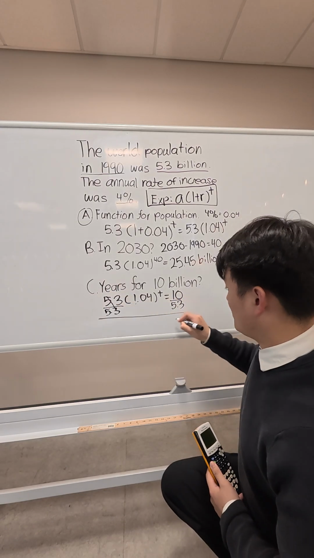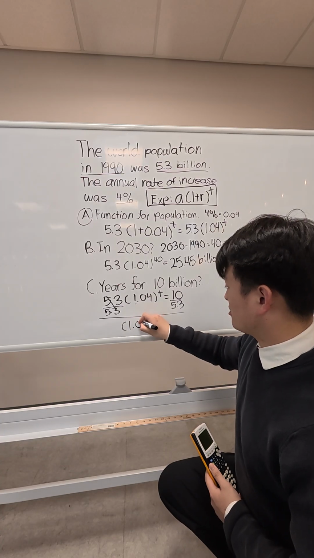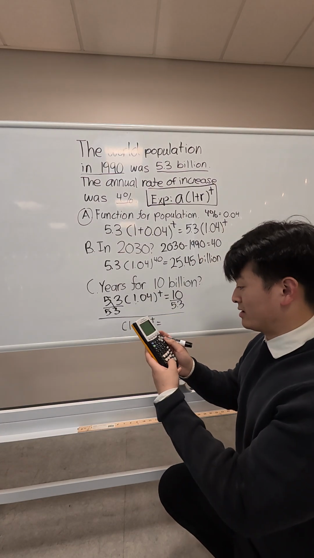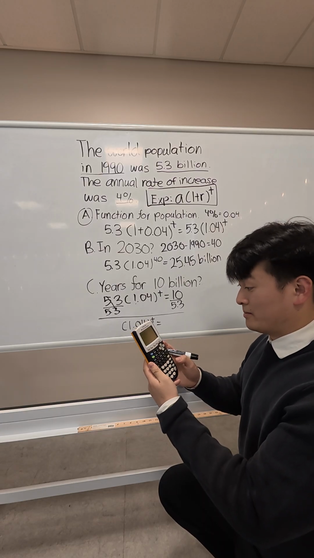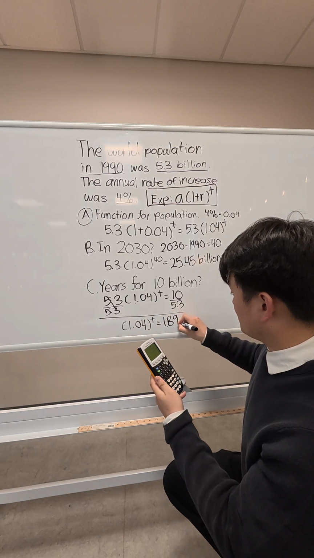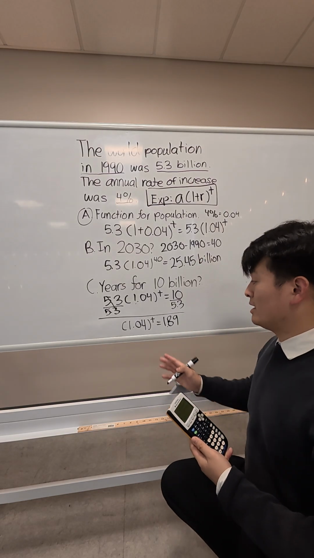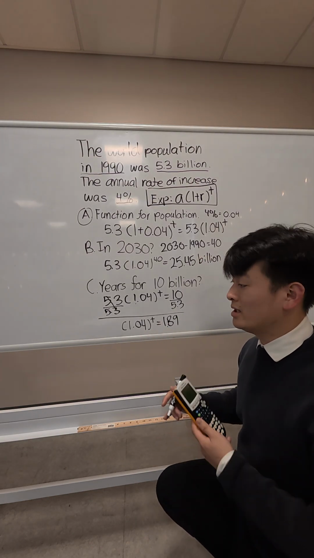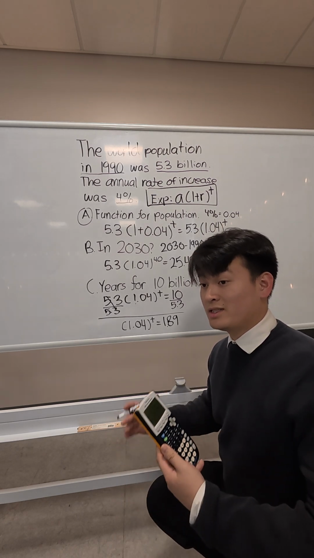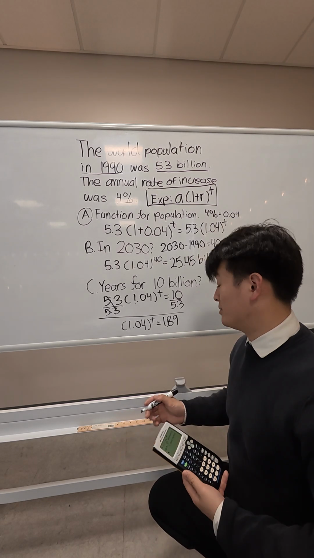5.3's cancel out, leaving me with 1.04 to the power of t equals, and I'm just going to use my calculator, 10 divided by 5.3. That gives me 1.89. Now, what do I do from there? I have this exponent, I don't like it, so what am I supposed to do? To undo the exponent, you're going to take the logarithm or log of both sides.